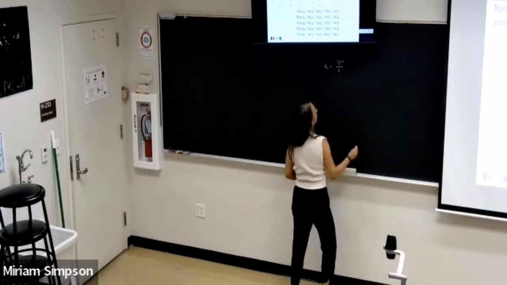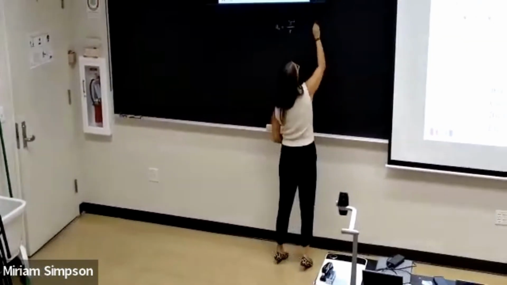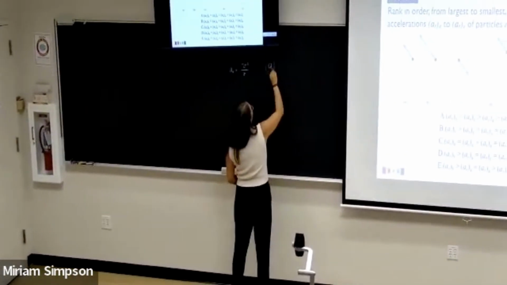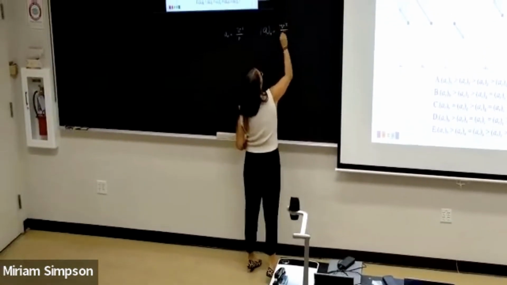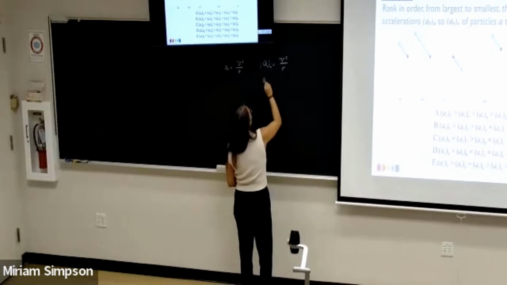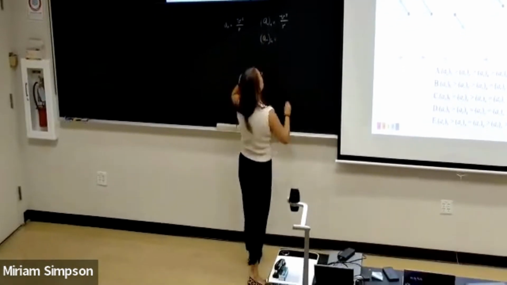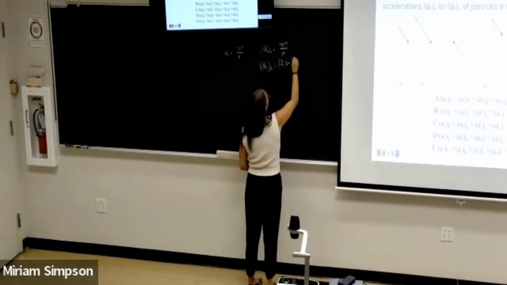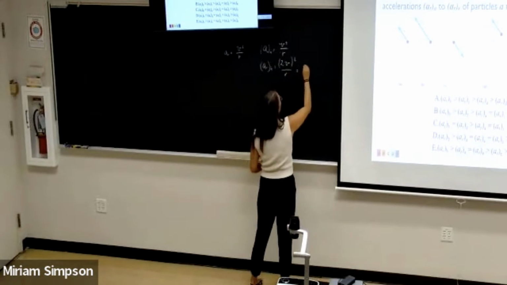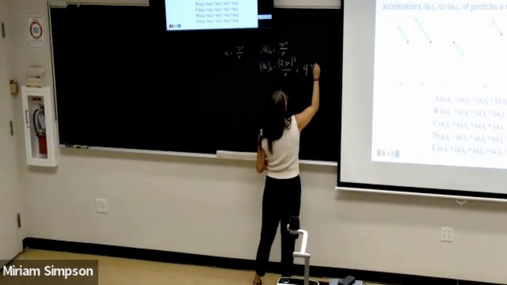Okay, so we'll start with acceleration A, and that one's simple. It's v squared over r. If we do that for B, we now have 2 v squared over r, so that's going to give us 4 v squared over r.